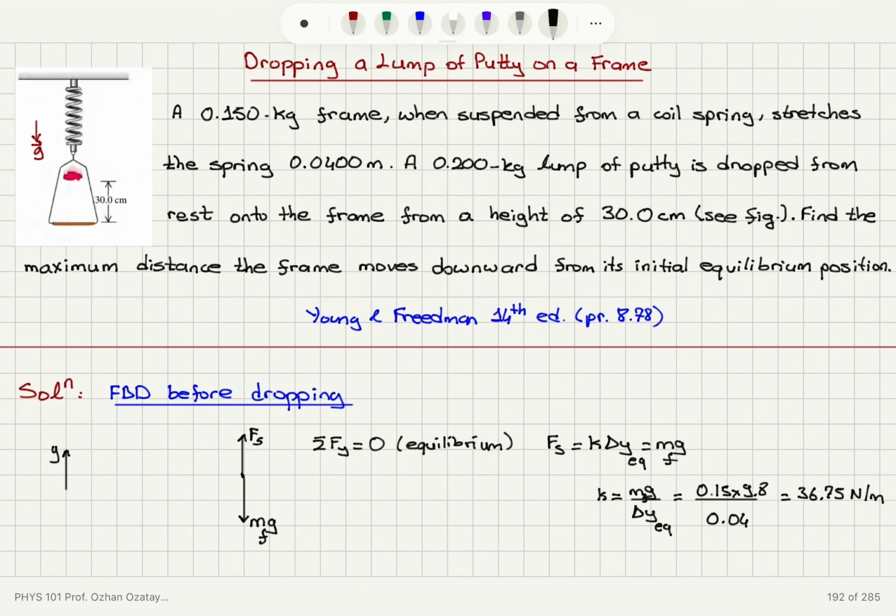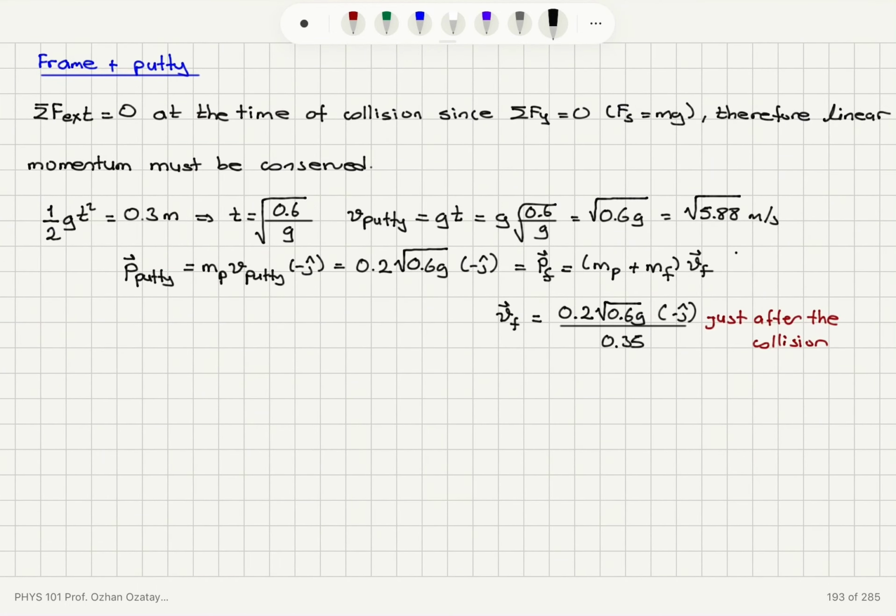So there is no friction in this process, so we can say that since there is no friction, it's an elastic coil, we must have energy conservation. So energy must be conserved. All right.